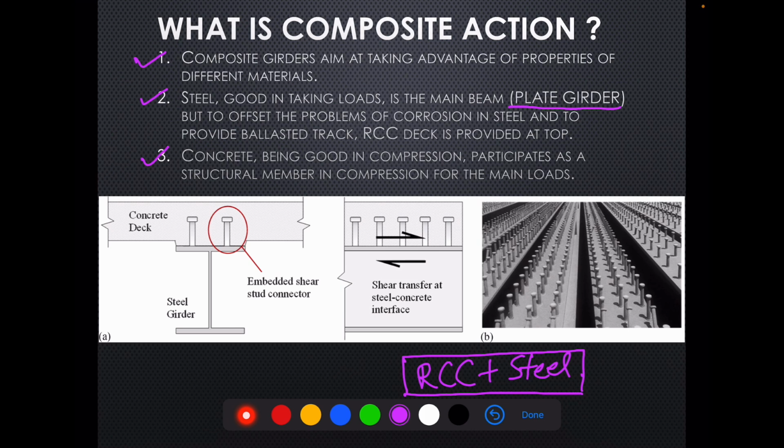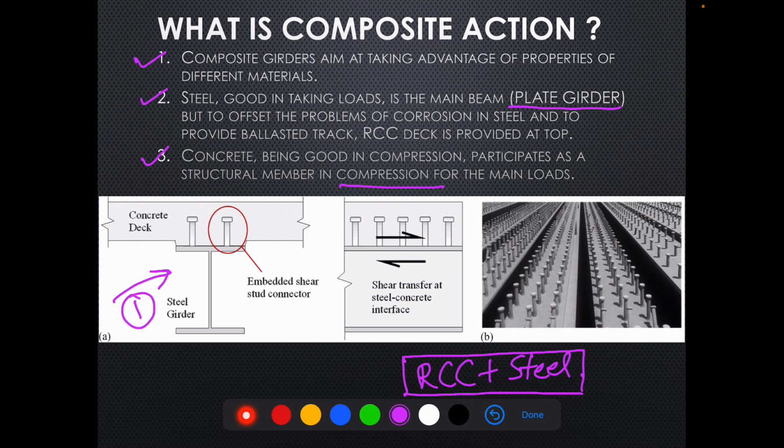Point number three, concrete, being good in compression, participates as a structural member in compression for the main loads. So this is how the combined effect of RCC and steel is utilized for mitigation of loads transferred from train to the girder. So let's see sketch number one.